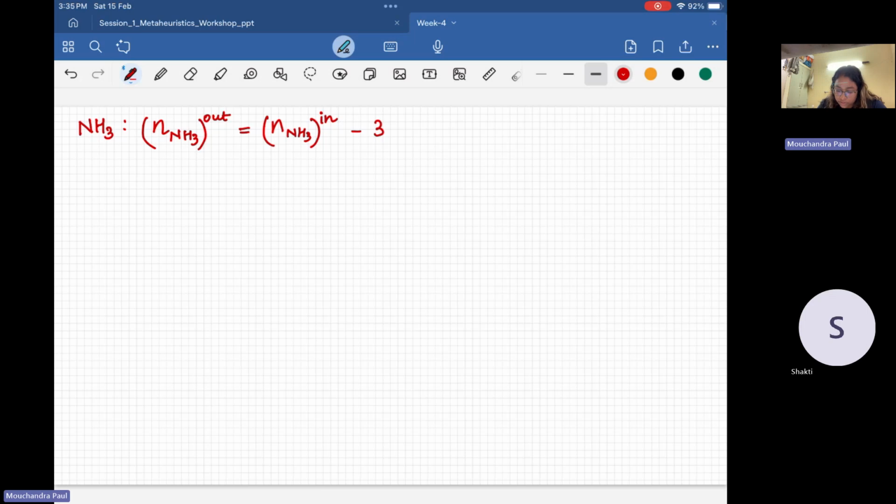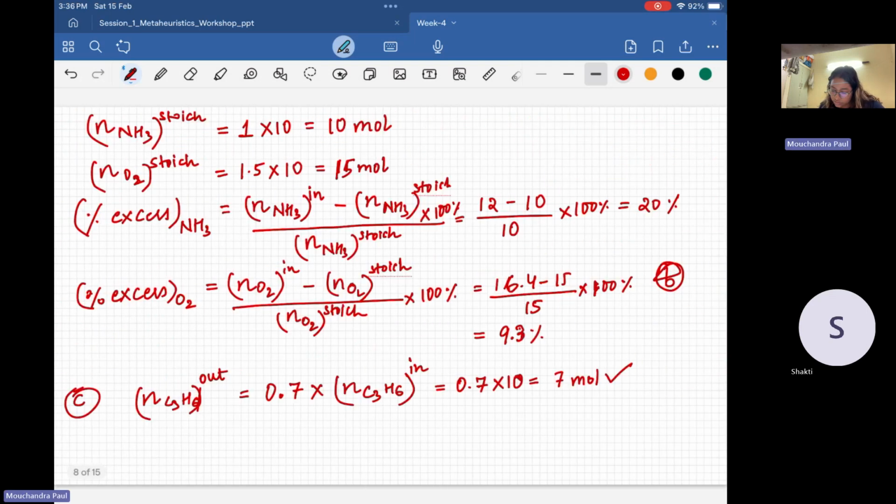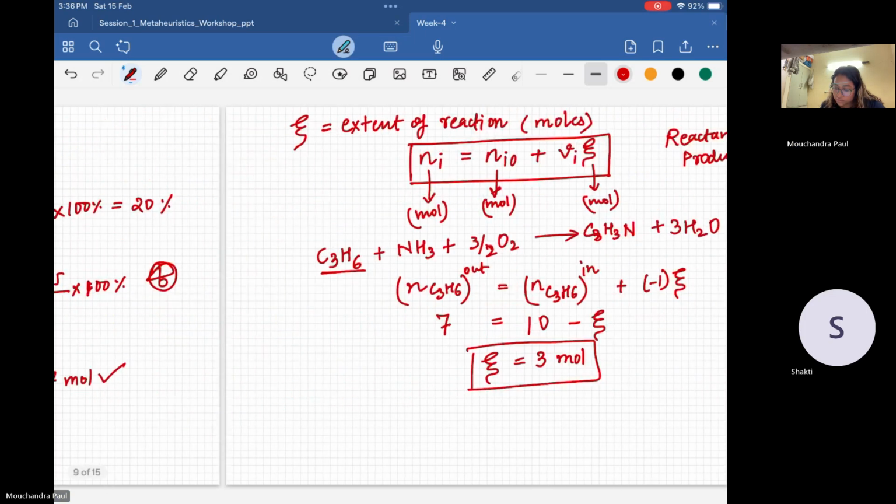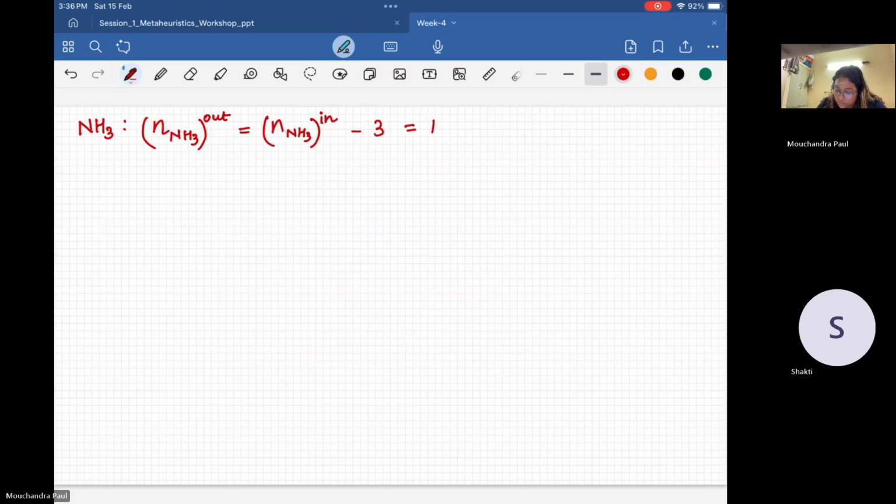The ammonia coming in the feed was 12 moles, so 12 minus 3, which is 9 moles of ammonia coming out.